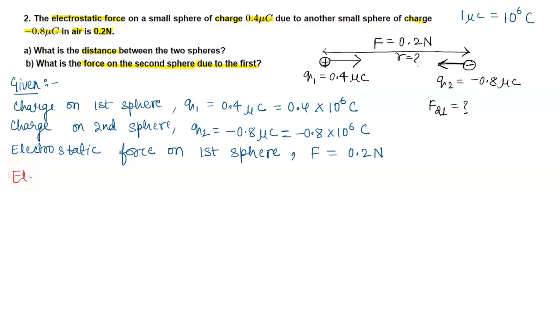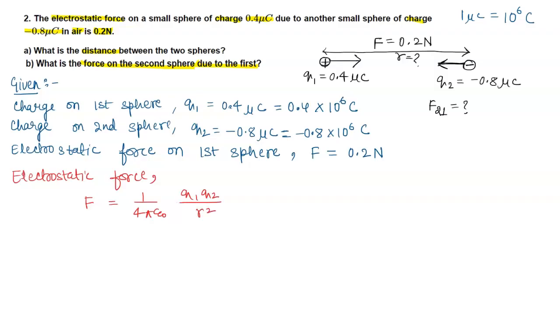Now using the formula for electrostatic force, F equals 1 upon 4 pi epsilon naught Q1 Q2 upon R square.